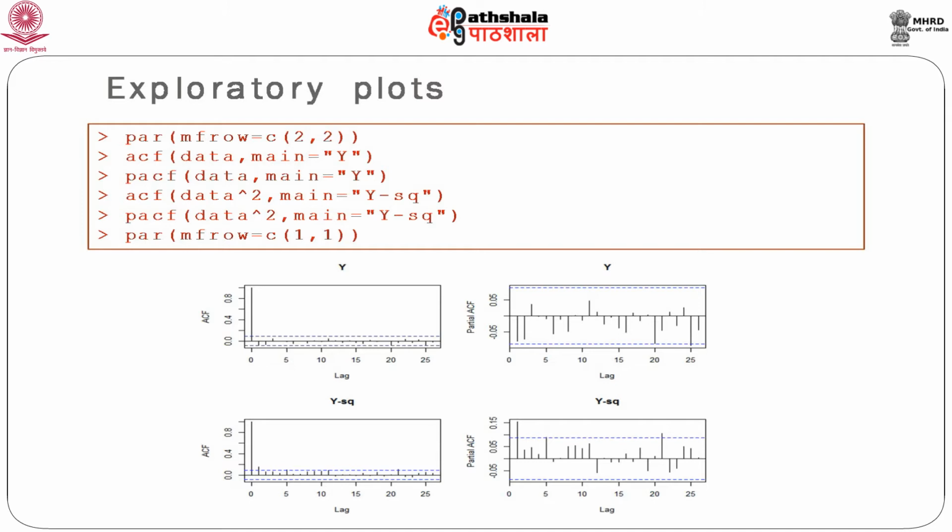So it will generate all the plots that you need. Here, if you see the y square, y ACF and PACF, that means without squaring, it is not showing any significant lags, whereas if you take the square, it is showing in the ACF around 1, PACF is 1.